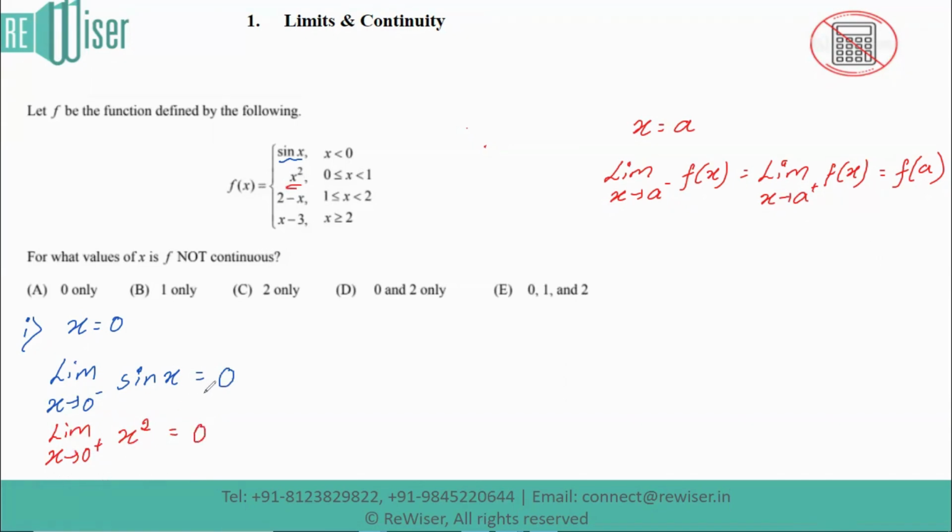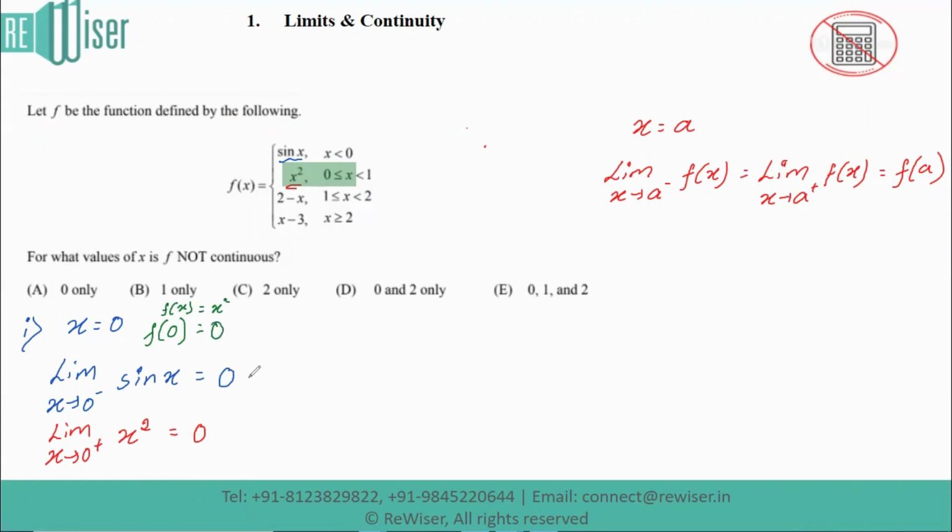Again, it has nothing to do with an indeterminate form. Also, the value of the function at that particular point, f of 0, we need to use this x square statement, because when x is 0, I'll be using x square. So f of 0 is 0 square, which is 0.